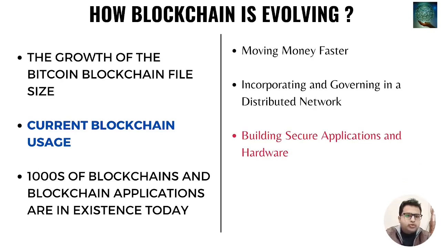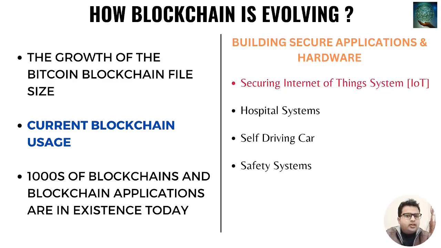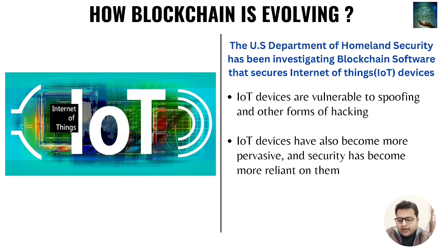And the next usage is building secure applications and hardware. So using blockchain, we can build secure applications and we can secure the hardware also. Blockchain has been quite instrumental in securing Internet of Things systems, IoT systems. The United States Department of Homeland Security has been investigating blockchain software that secures Internet of Things devices.